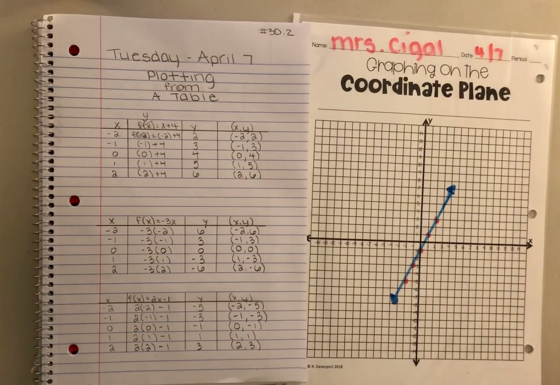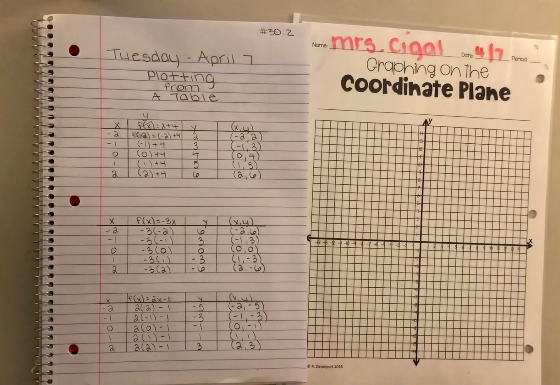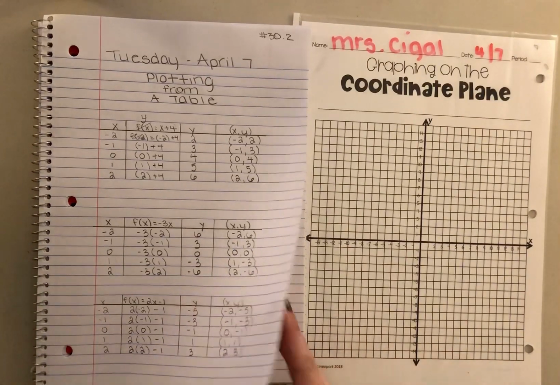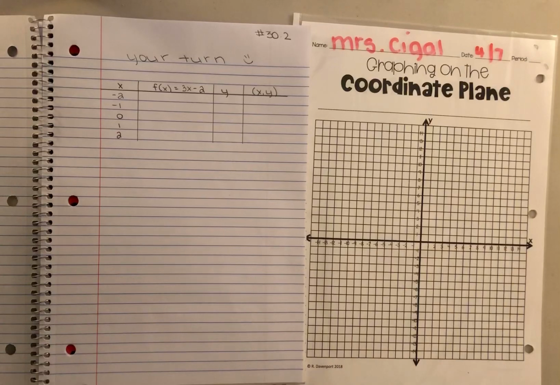All right, this is all I expect for you guys to be able to do on your own today. So you're going to plug in the x values, get the y values out, turn them into ordered pairs, and plot them on your coordinate plane. All right, I made you guys one that you're going to do on your own. So now's the point where you should pause if you want to try this by yourself.